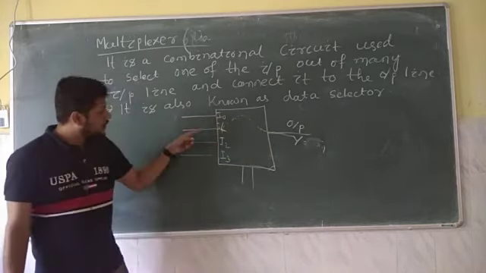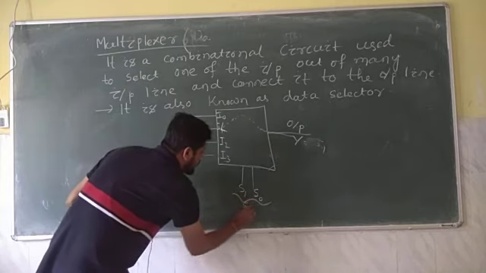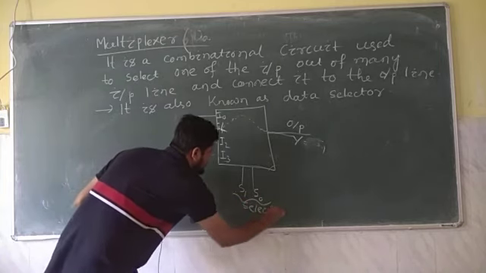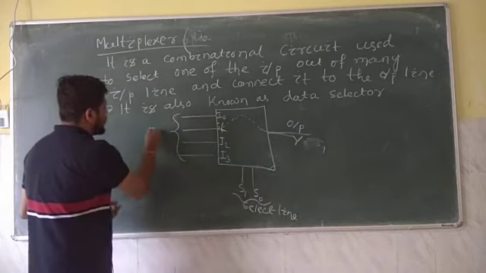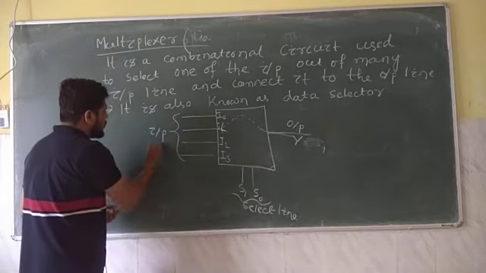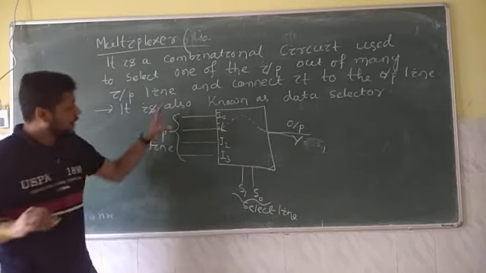For that purpose we have two select lines, for example S1, S0. S1 and S0 are the select lines, and these are the input lines.